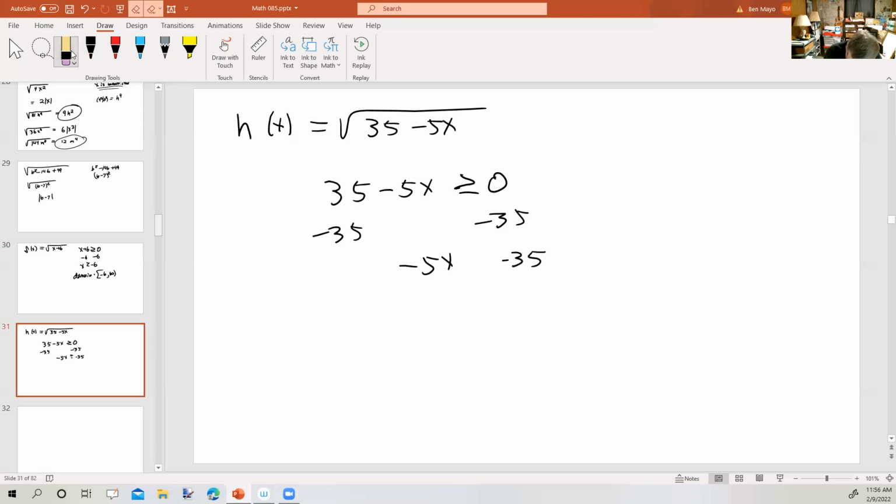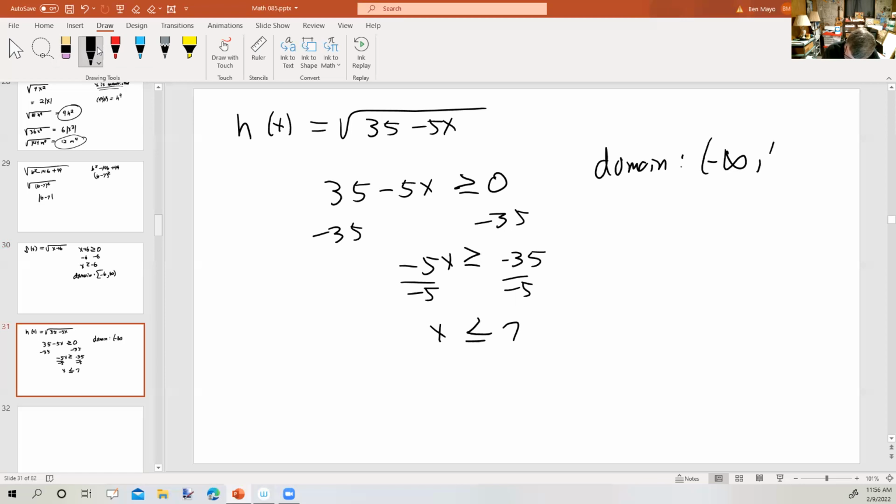Divide both sides by -5. Oh, but what happens when you multiply or divide both sides of an inequality by a negative number? You change the direction of the sign. So the domain would be what? -infinity up to and including 7. All right with that?